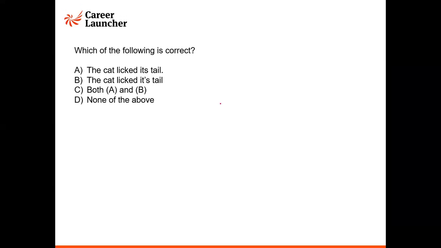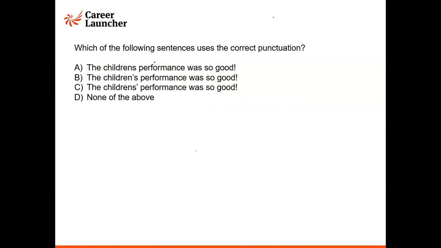All right. So I have people answering different choices. Well, let me tell you, it's not D part for sure. The cat licked its tail. Only A part is a logical choice because if you go with B part, "it's" with an apostrophe S simply means "it is." That does not make sense, right? The cat licked "it is" tail. Absolutely illogical to say. Here, then, have a look at this one.